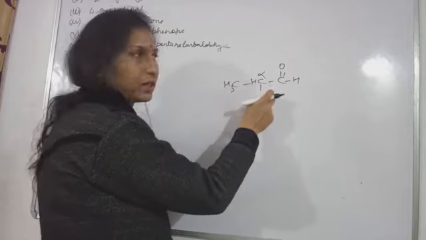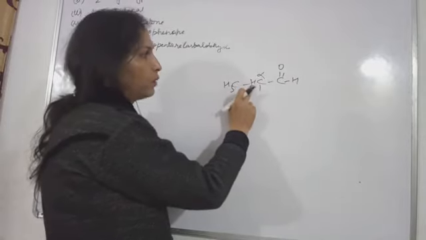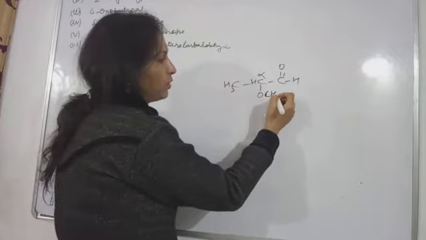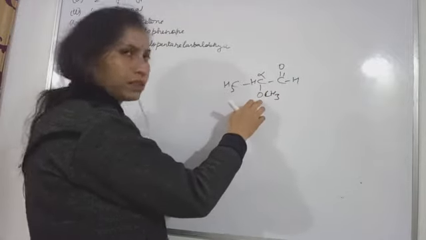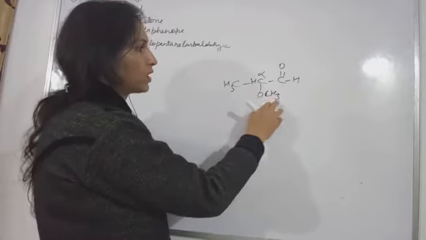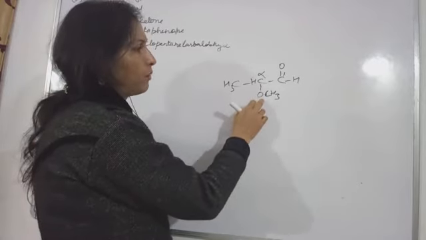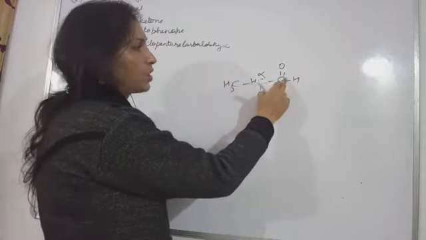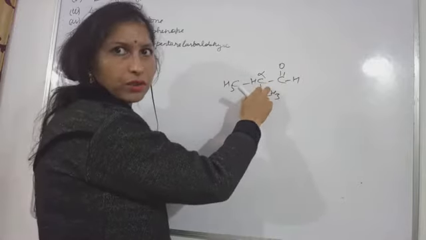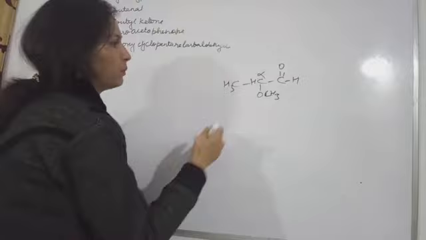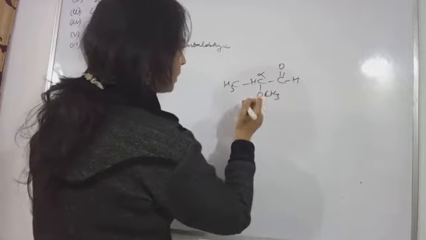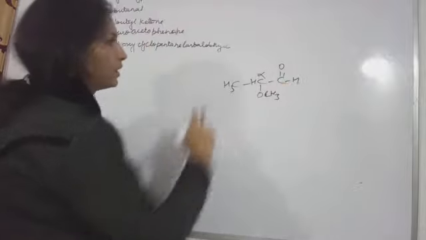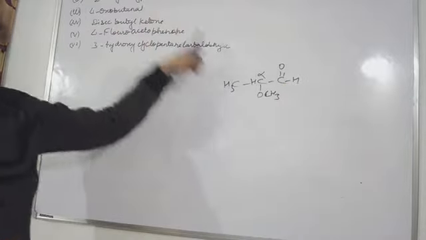Whatever groups are present on the alpha carbon, the hydrogen is called alpha hydrogen. Methoxy means OCH3, a methyl group with oxygen, so this is alpha methoxy. Alpha position is next to the carbon possessing the functional group. So this will be the structure of the compound given here.